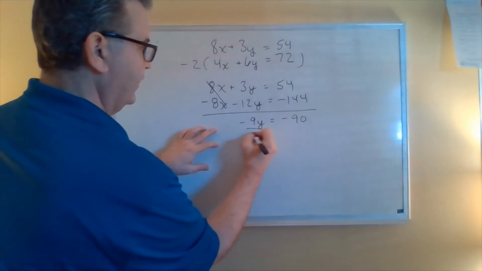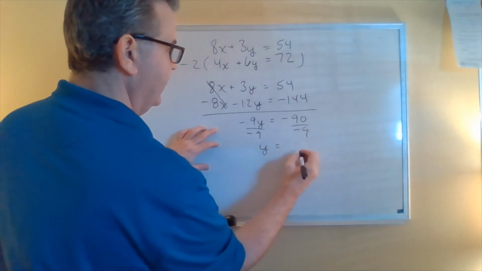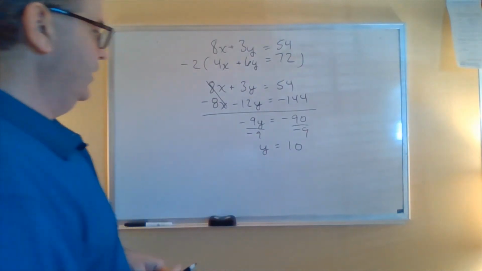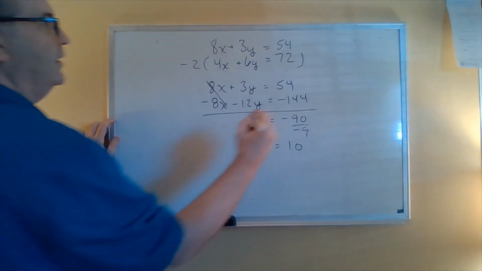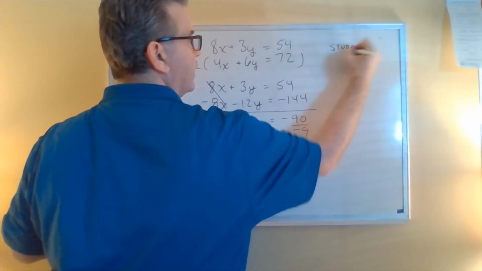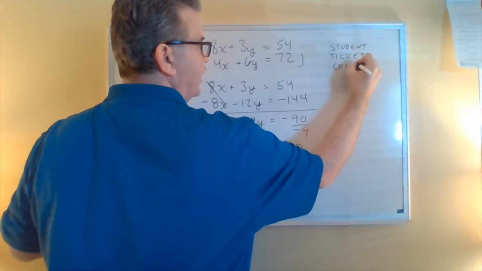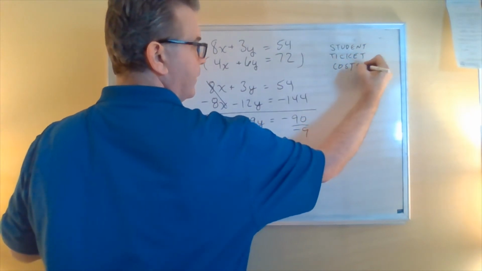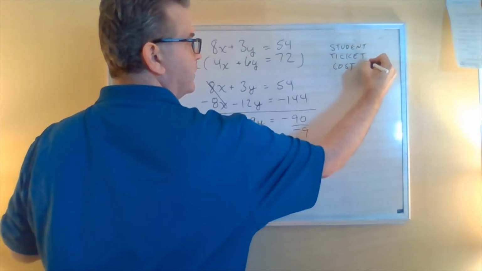So dividing each side by negative 9, I will end up with y equals 10. When we set up our y originally, y was the price of the student ticket. That means our student ticket will cost $10.